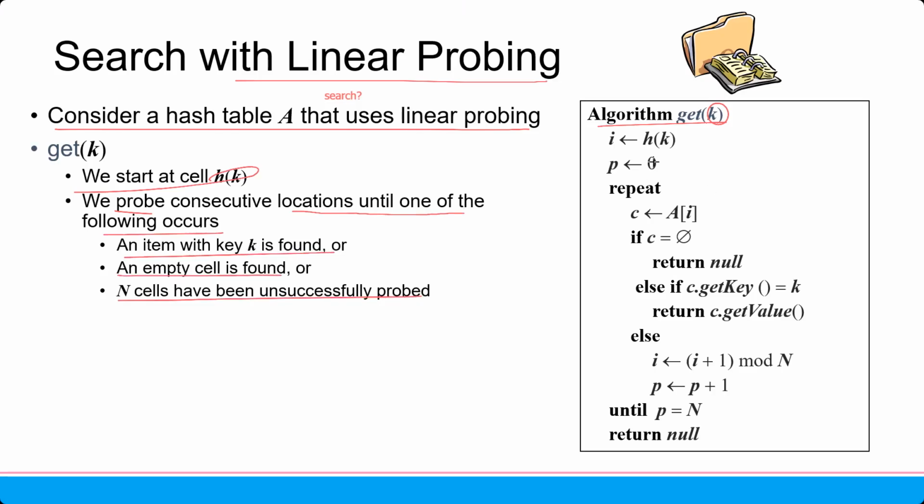So the idea is similar to a for loop, just like linear search. If you want to find the key, just go from the beginning until the end of the space.